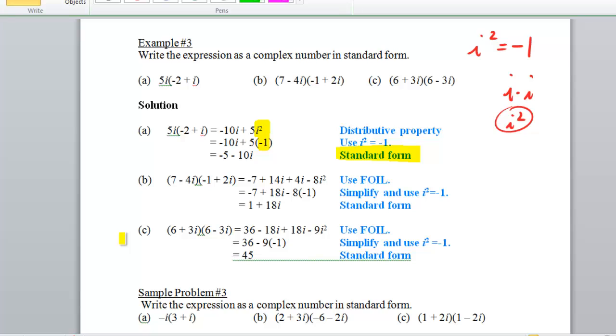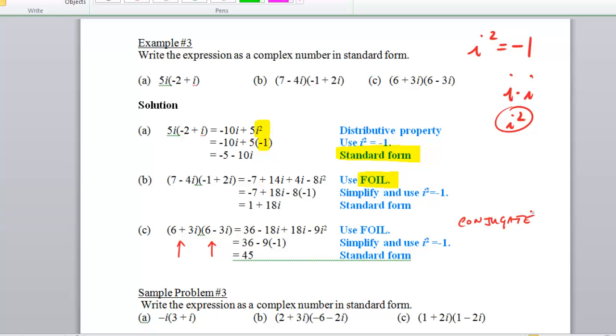On B and C, you can see that we're using FOIL just like we would with any other multiplication of variables. In part C, something different happens than in part B. We have the same terms with different signs, and if you remember, that's called a conjugate.